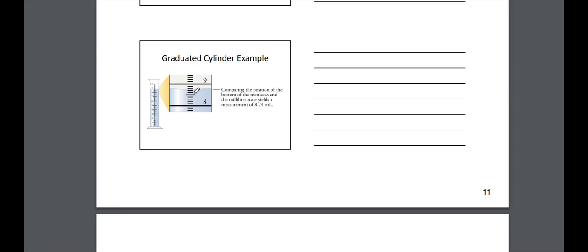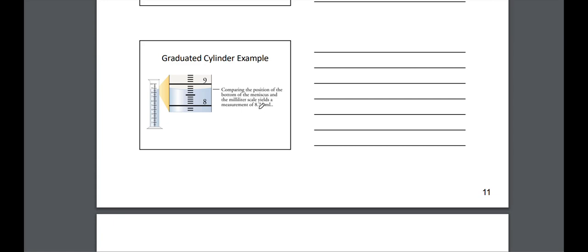So the meniscus is now at 5, 6, 7, right? It has not touched the 8. So I can't really say 8.8 because it's not at 8.8, but I can say confidently it is 8.7, correct? Because it is somewhere between the 8.7 and the 8.8. So I can still consider my 7 my certain digit.